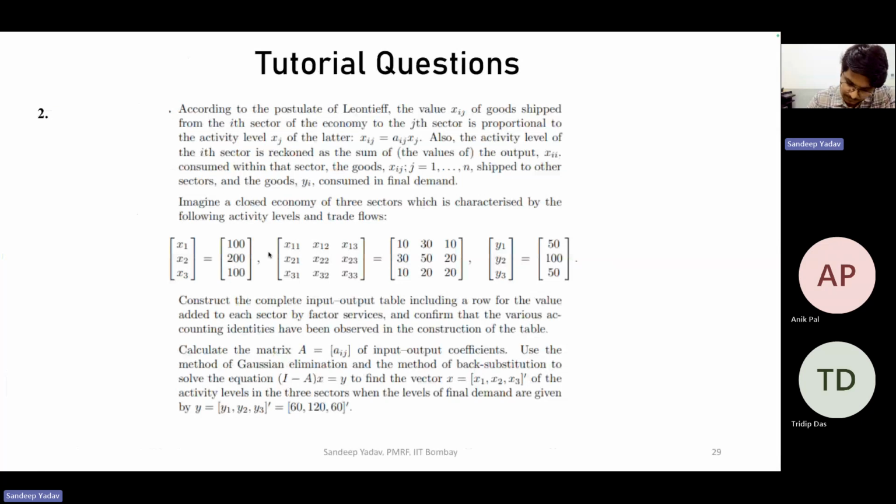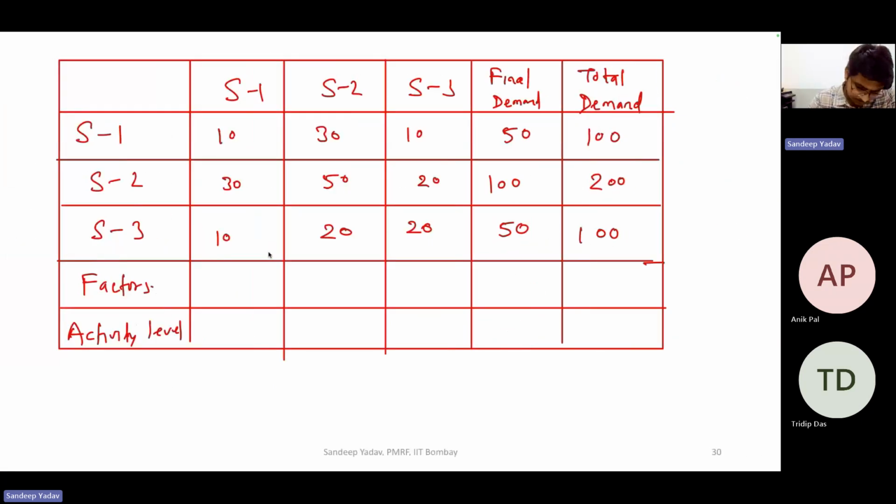Now factors are given as y1, y2, y3. Here factors are given as 50, 100, and 50. If we calculate the final demand of the factors itself, it would be equal to 200. Now activity level is the sum of all these: for sector 1 from the factors, that's equal to 100, for sector 2 it is 200, and for this it is 100.